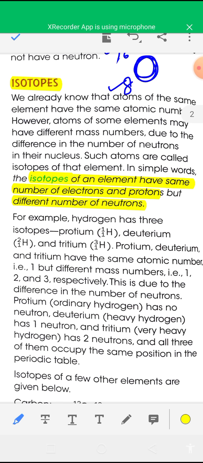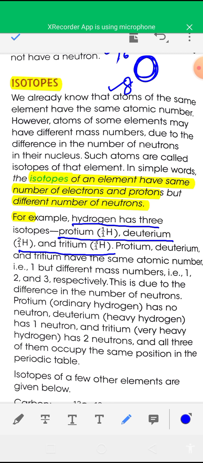For example, isotopes of hydrogen. Hydrogen has 3 isotopes: 1H1, which is known as protium, deuterium 1H2, and tritium 1H3. You can see in all these 3 isotopes the atomic number is 1. That's why all these 3 are hydrogen atoms, but their mass numbers are different.